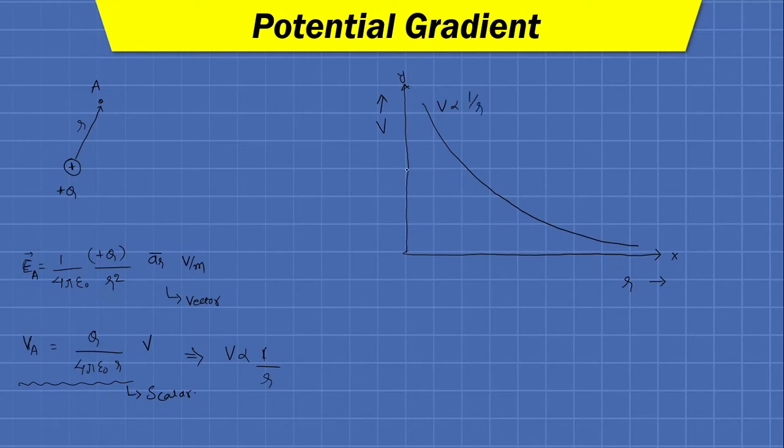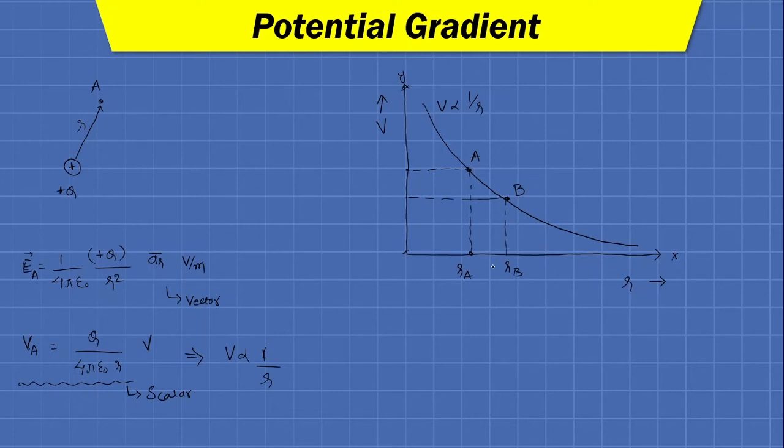Now on this characteristic, we have two points A and B. The projection on the horizontal axis gives the distance of point A and point B from the charge.